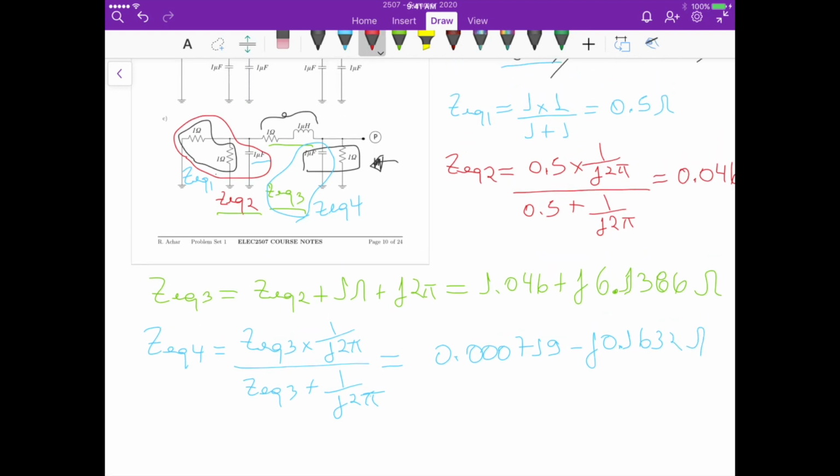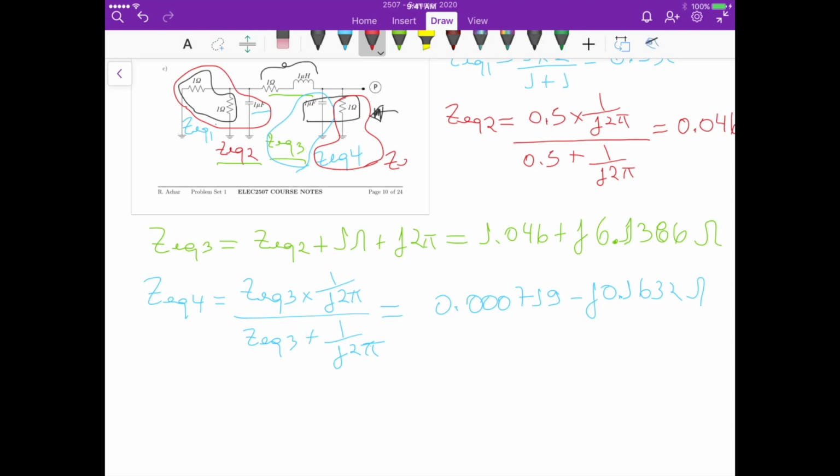And the final part is this ZEQ4 in parallel with just this 1K. So this is our ZEQ5, or I can call it just ZEQ, because that's the equivalent impedance, or the Thevenin impedance, right?